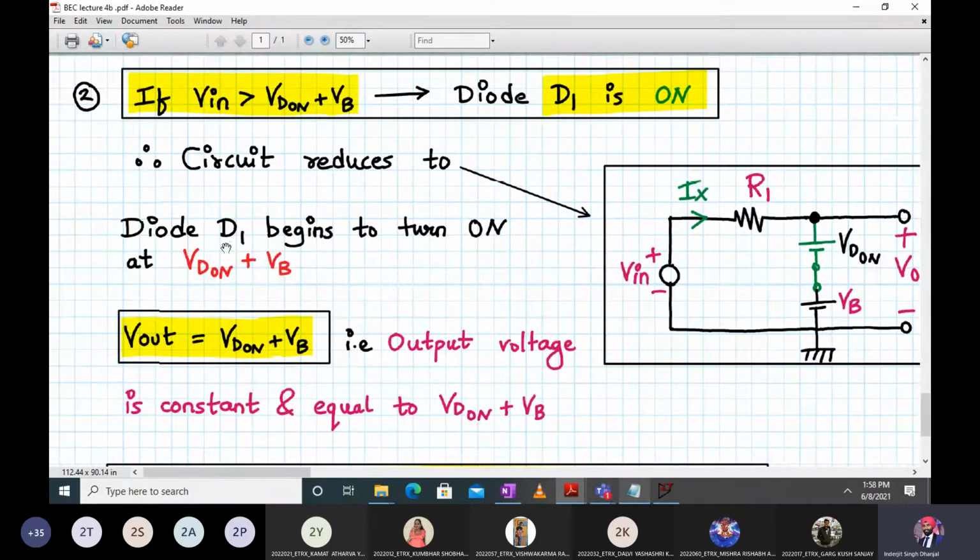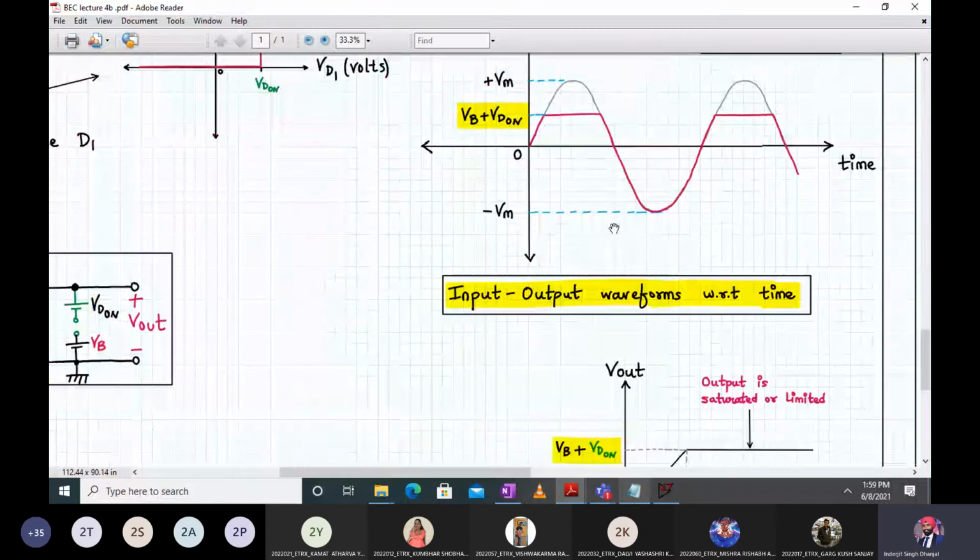Okay, so the diode will begin to turn on at the VD on plus VB value. I've explained that why. So here the output voltage will be VD on plus VB. So the output voltage will be a constant and it will be equal to VD on plus VB when the diode is on. Fine. Now let us check the characteristics over here.